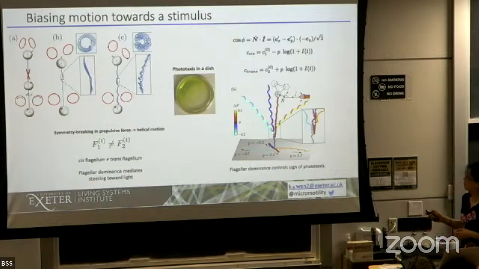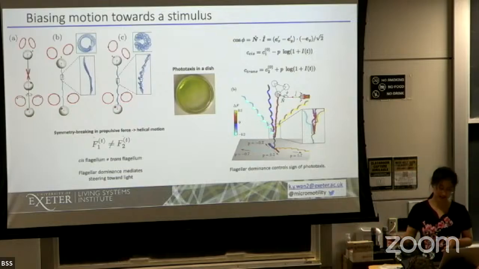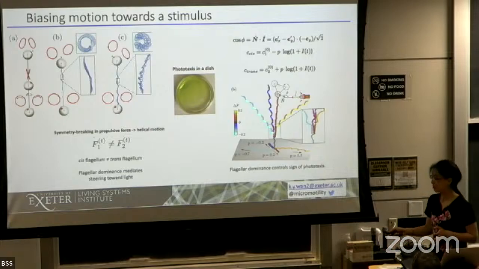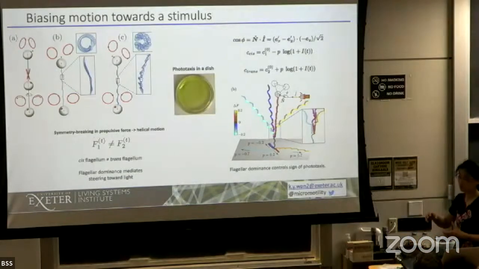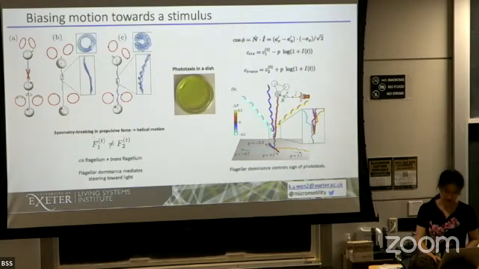And so at some point, you would have this separation or divergence in the response. The more light you have, approximately speaking, the greater this asymmetry between the two cilia. And this is something that has been observed biologically. We think that this mechanism, coupled to the three-dimensional rotation, then underlies the cell's ability to do phototaxis in 3D. And this is really smart in a way.